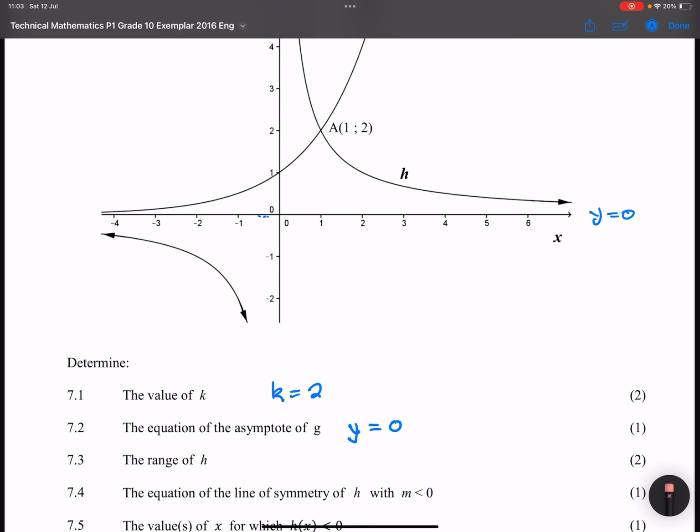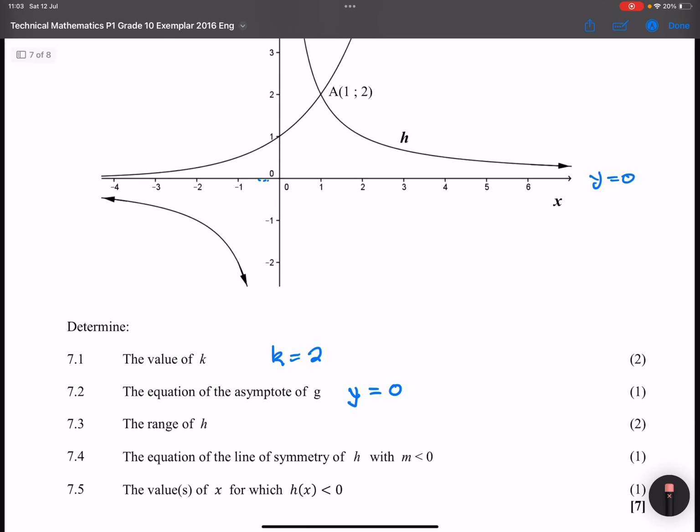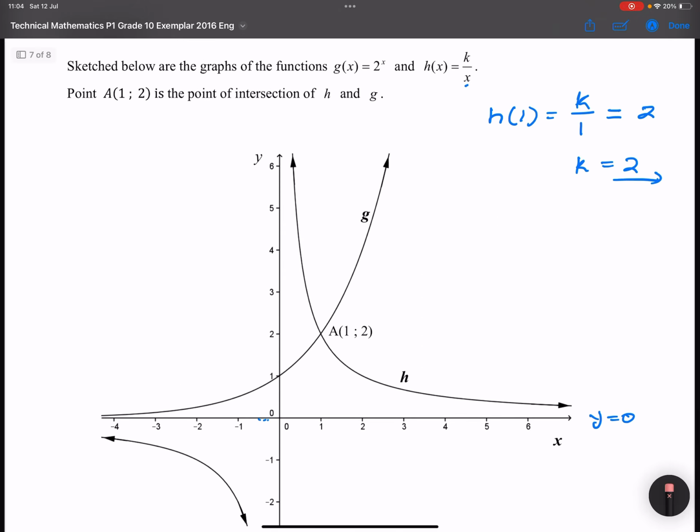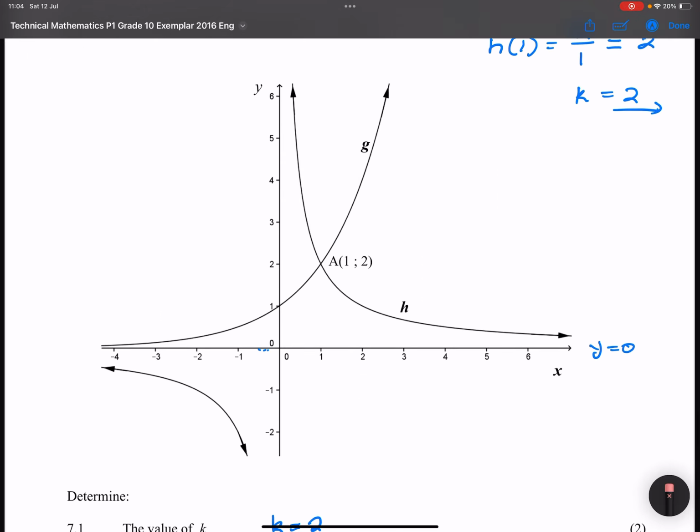All right, so the next question, they say determine the range of h. The range is essentially where the graph exists vertically. So we're looking at the hyperbola now. Where does the graph not exist? Well, it exists from negative infinity all the way to positive infinity.